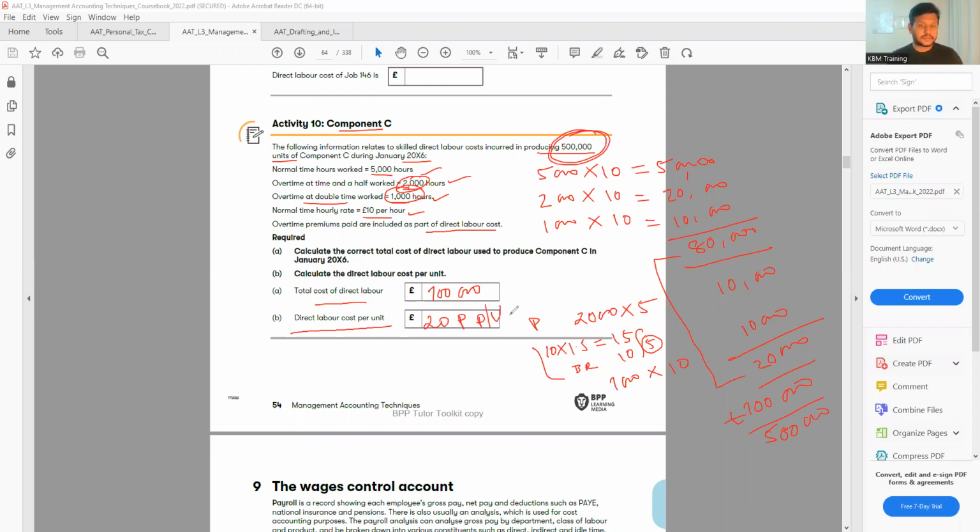That's it. Any question from anyone? Normally the overtime portion comes in the exam, so make sure you practice well so that you understand and remember how to calculate the premium.